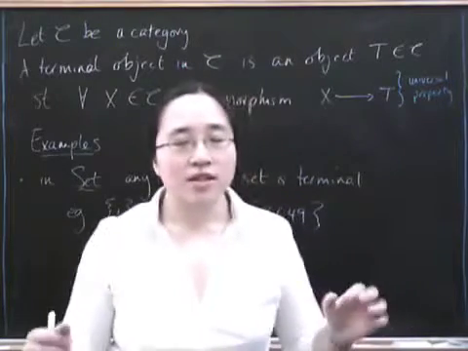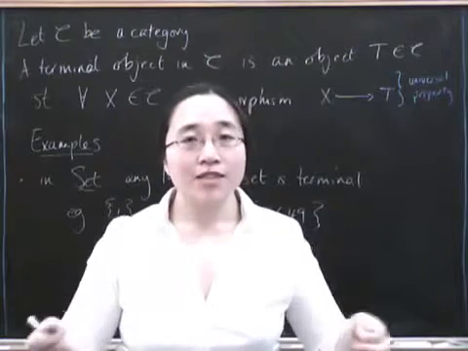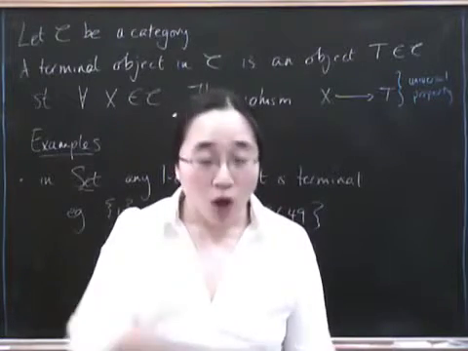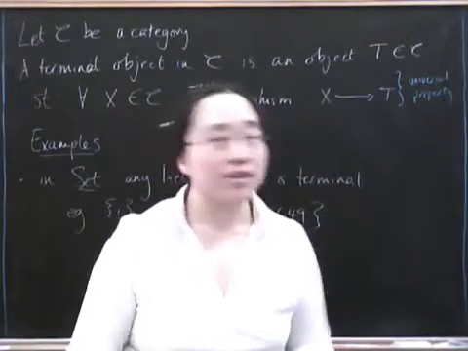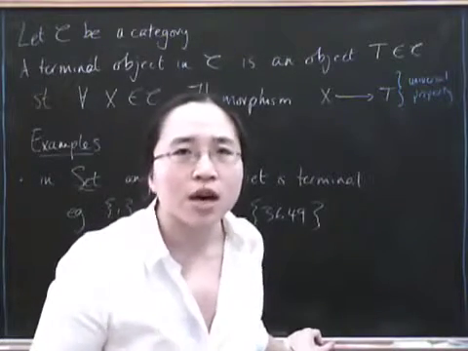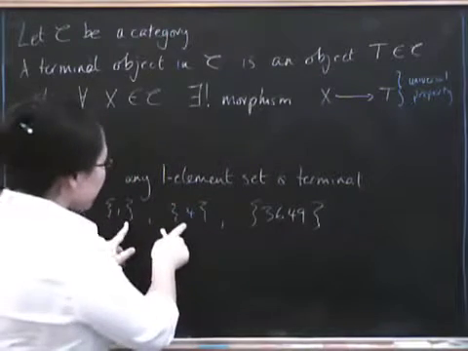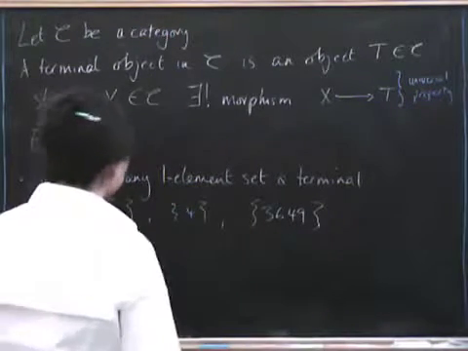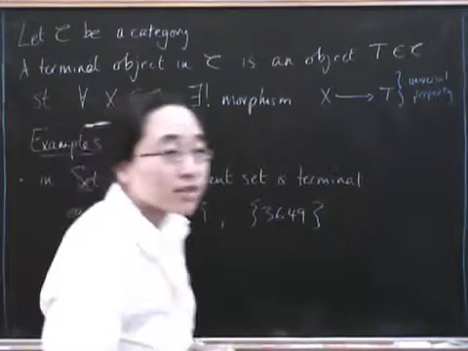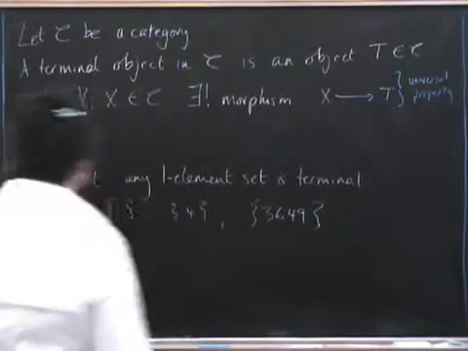So we're supposed to consider two objects as being more or less the same if they're isomorphic. So that means that we're not looking for uniqueness on the nose, we're only looking for uniqueness up to isomorphism, but not up to any old isomorphism, up to canonical isomorphism. So here, there's a canonical isomorphism between any two of these sets. And we'll prove in a second that terminal objects are unique up to unique isomorphism.